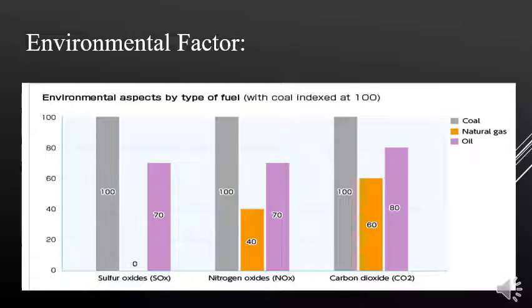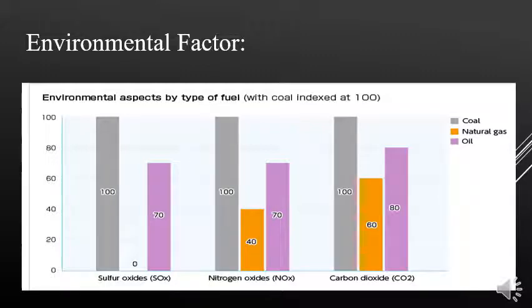The nitrogen oxides are mostly released by coal, and the least release of nitrogen oxide is from natural gas. In the same way, coal releases most of the carbon dioxide, and natural gas gives us the lowest carbon dioxide.